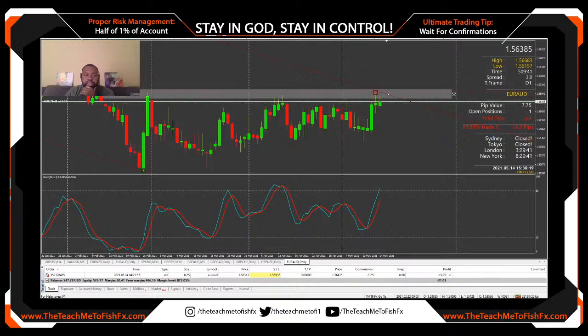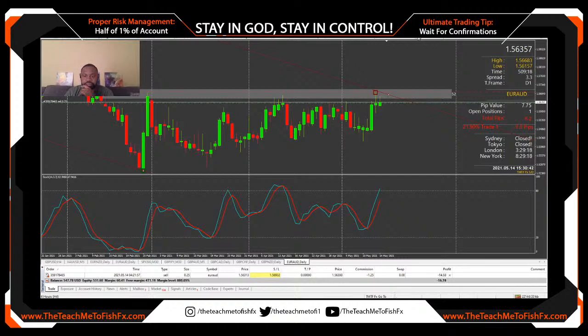Currently we have a daily supply zone we're hitting into. My rationale was that we came into this and respected this daily supply zone here. With a downtrend, I am going to be looking for sells.